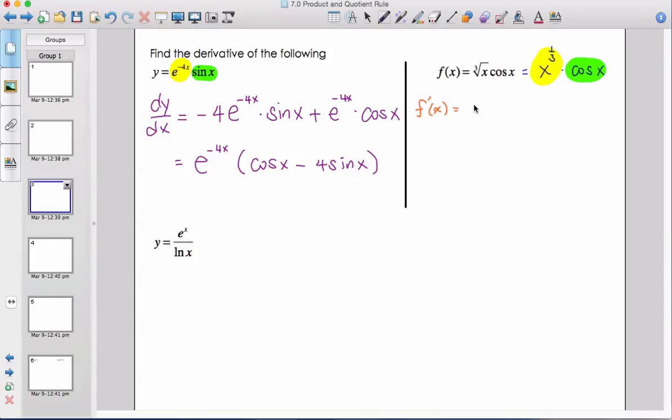The derivative of the first term times the second function plus the first times the derivative of the second function. Okay, we won't worry too much about combining the terms here. We'll just simplify so that we don't have negative exponents.